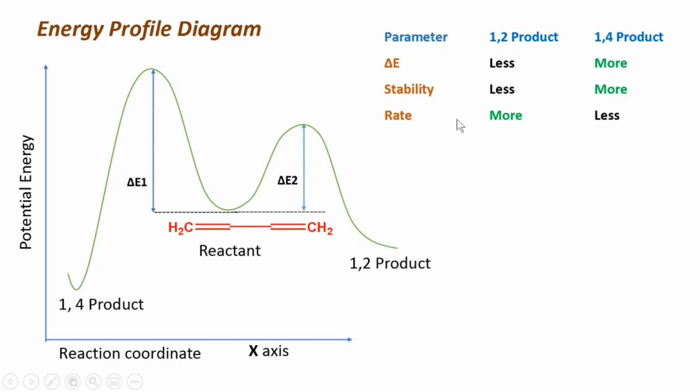Next is rate. The 1,2 product forms most rapidly, so the rate of this product is more as compared to the 1,4 product. Next is temperature. The formation of the 1,4 product requires more temperature as compared to the 1,2 product.